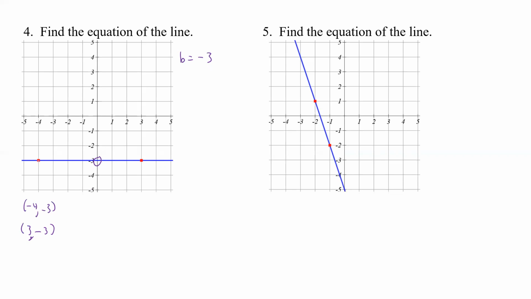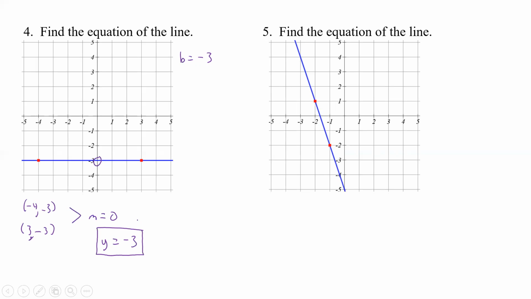Well, if we remember a horizontal line like this, the slope equals 0. Now we could go ahead and solve it and take -3 minus -3, which will be 0. And then we can take 3 minus -4, and that's going to be 7. So 0 over 7, well, that's still just 0. Okay, so what do we get? Well, we get y equals -3. And that is our whole line.